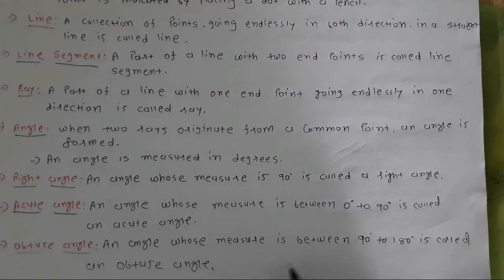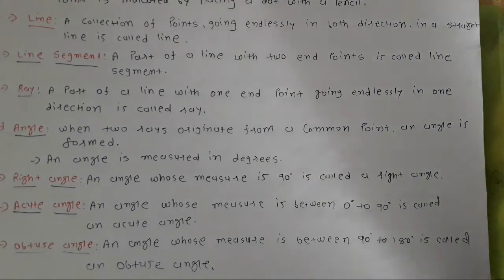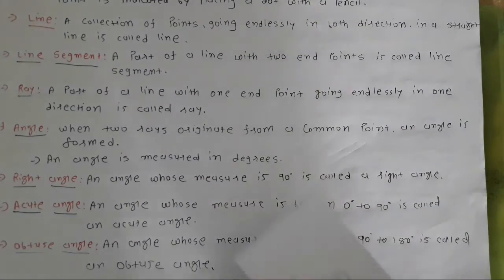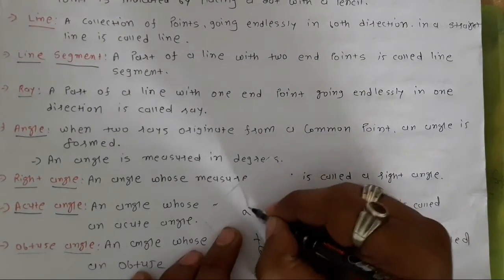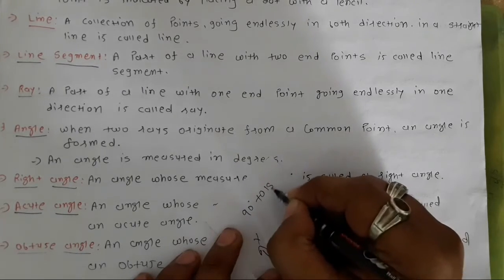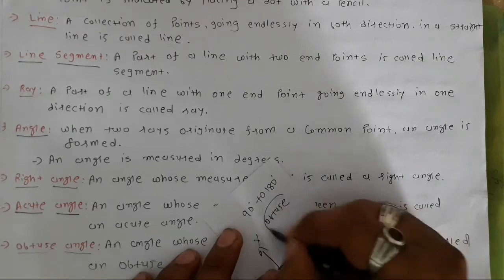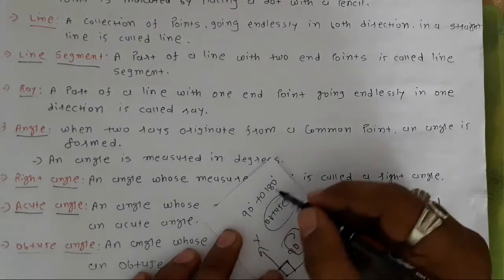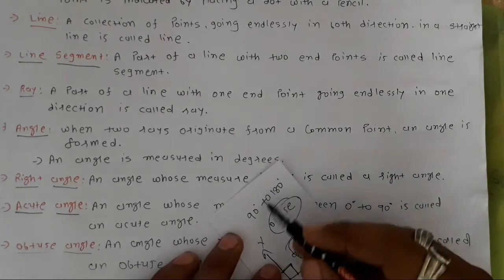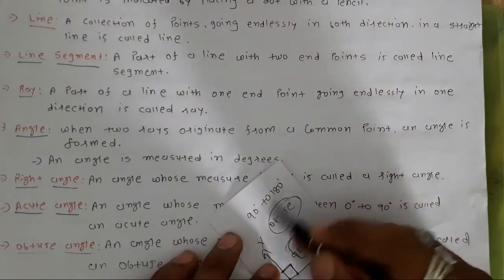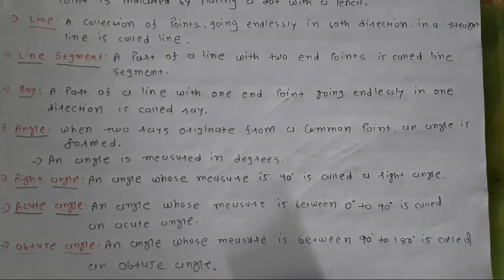An angle whose measure is between 90 degrees and 180 degrees is called an obtuse angle. So all angles between 90 and 180 are obtuse angles.